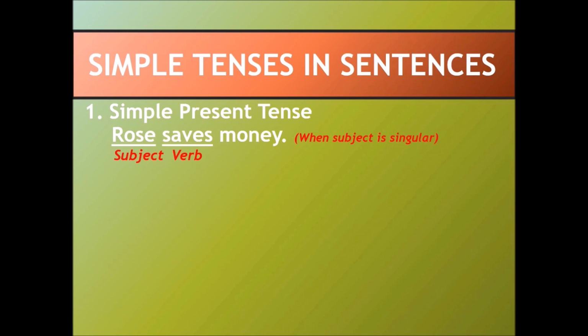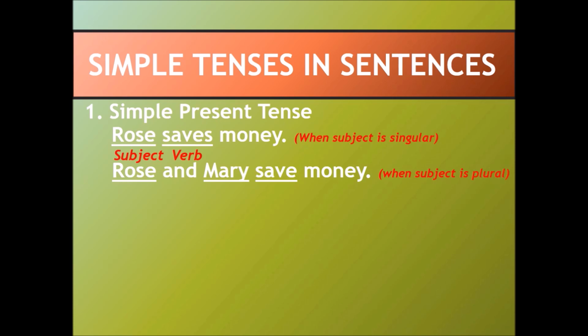Another example of simple present tense is Rose and Mary save money. In this case, the subject is plural. As you see, Rose and Mary is more than one, so they are plural, and our verb save has no S in it.